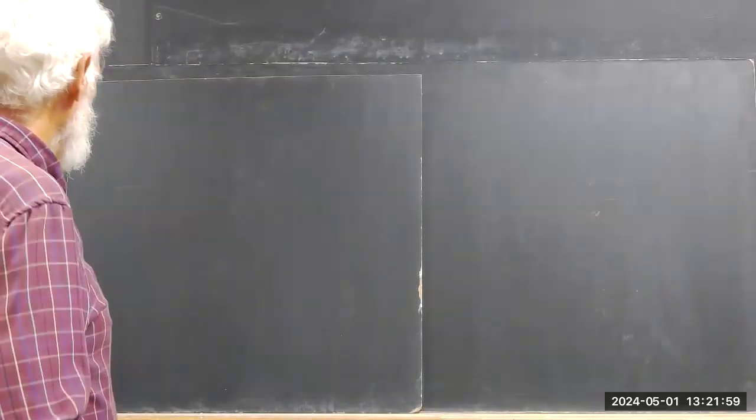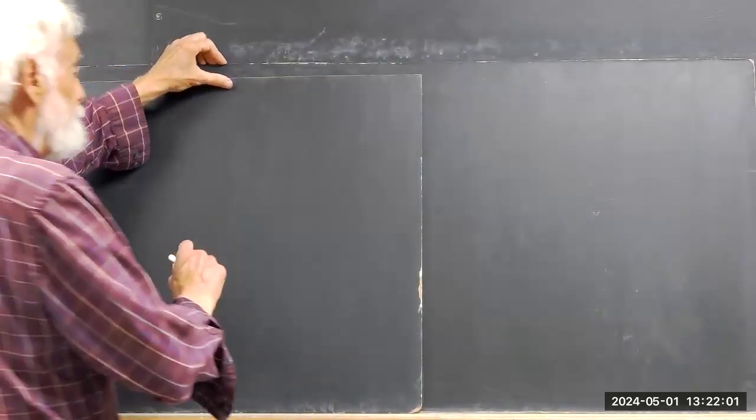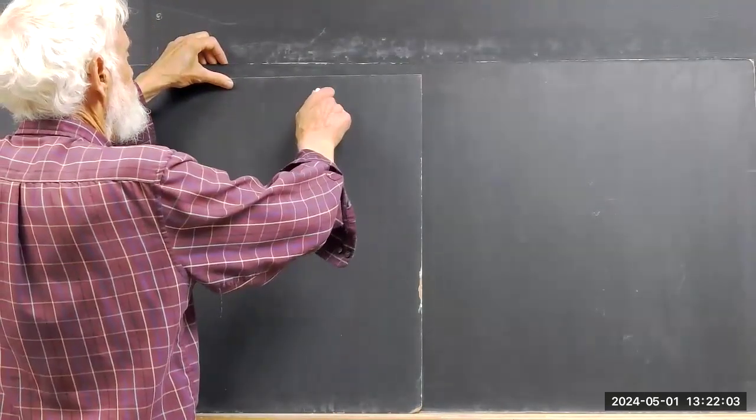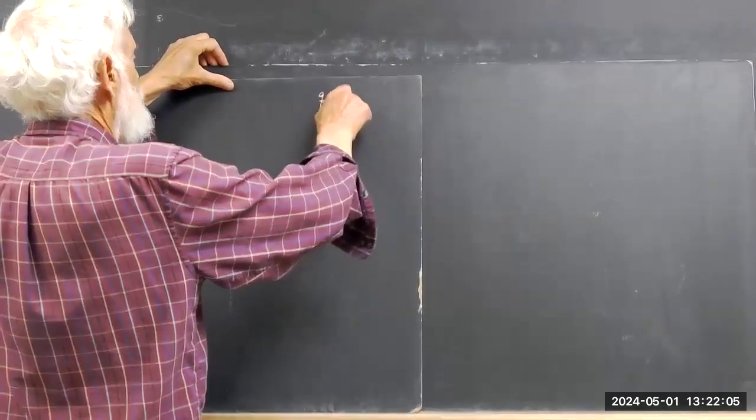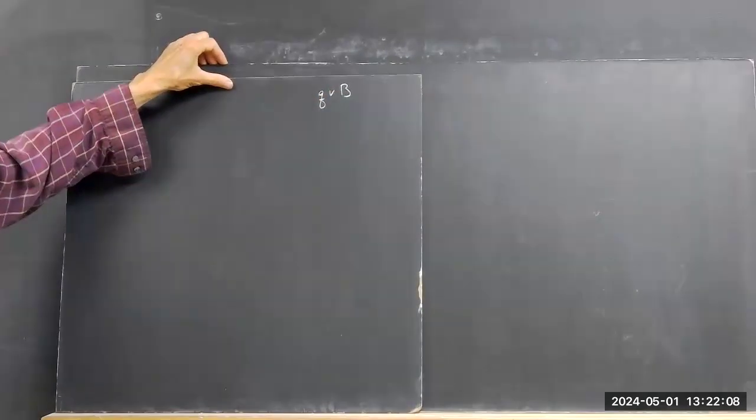Okay, now the beginning of understanding magnetism is QVB. Now, QVB by itself is of limited use.